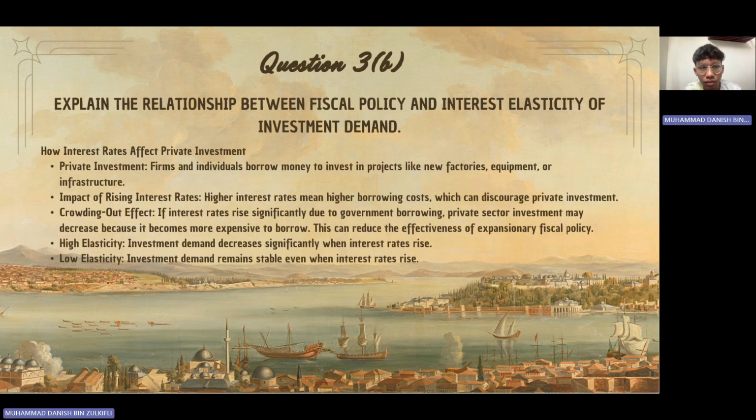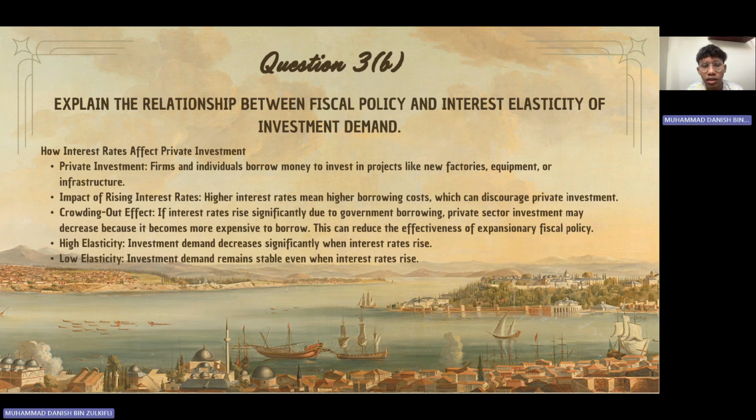So, about this slide, I will show you how interest rate affects the private investment. If you don't know what is meant by private investment, the impact of rising interest rate, the crowding out effect, and what is high elasticity and low elasticity, you can refer to this slide, which shows how high elasticity and low elasticity work.